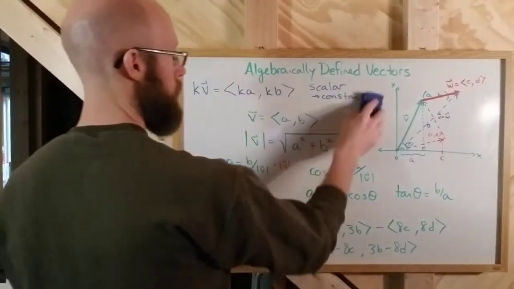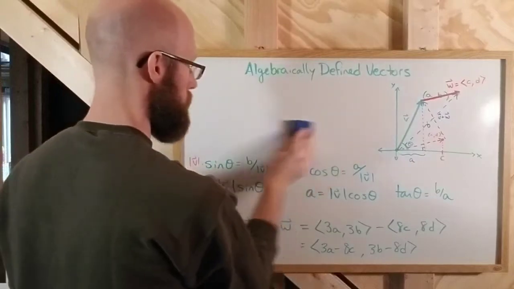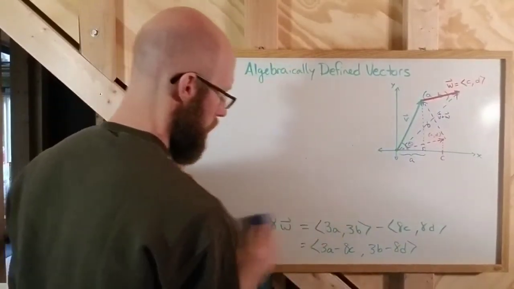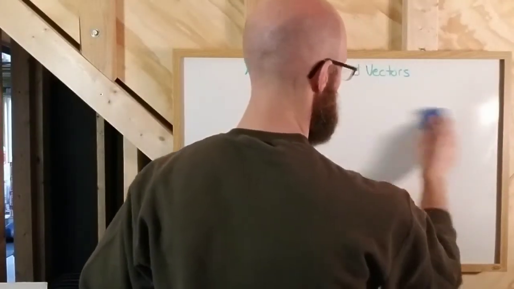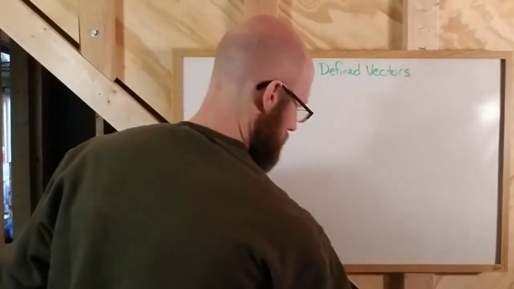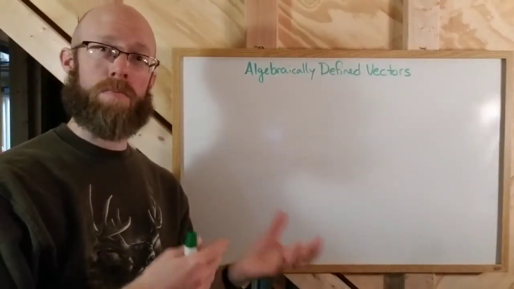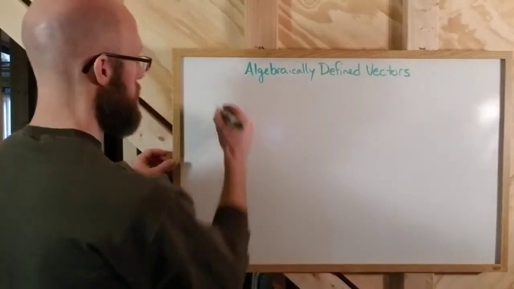A couple other things that are interesting. We're going to define something called a dot product. Okay. A dot product, so we talked about adding and subtracting and multiplying by a scalar, but now we can multiply two vectors together.